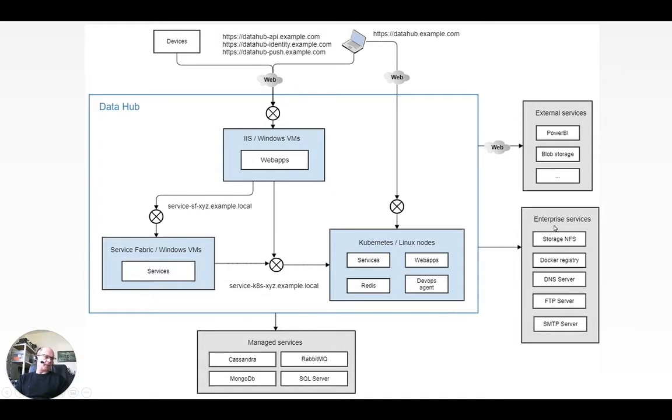So enterprise services are basic between-core services that we need access to, like NFS storage for the disk and the file shares that we need for our application components, a Docker registry for the Docker images to deploy to Kubernetes, a DNS server, because we have, as you can see on the diagram, DNS entries to create to access the application from external, but even internally we need DNS entries to be created for the modules to communicate with each other.